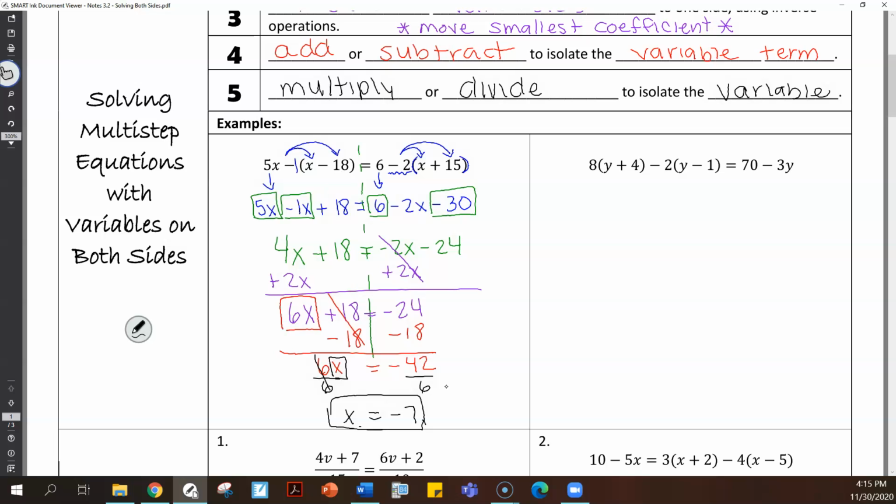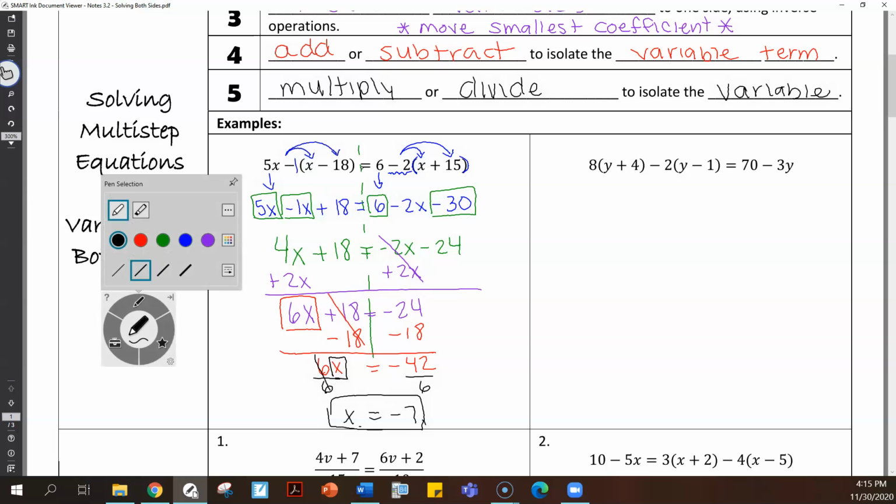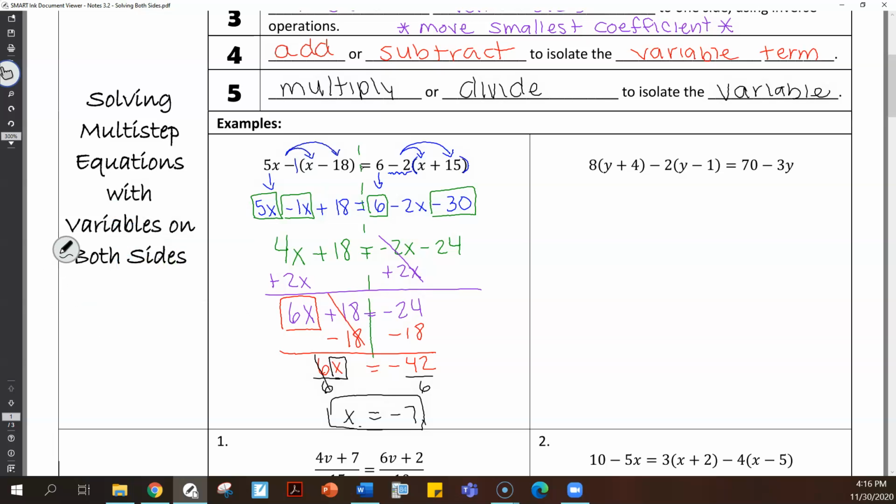Now, regardless of how complicated these get, I can always check them by plugging my variable back into my original equation. So I'm going to show you what that looks like really quickly, just so that you can see. So I'm going to start with my original equation, 5x. Remember, I'm going to put parentheses there so that when I plug in my x, it stays by itself.